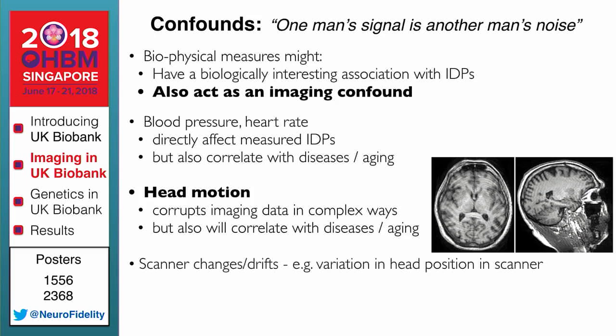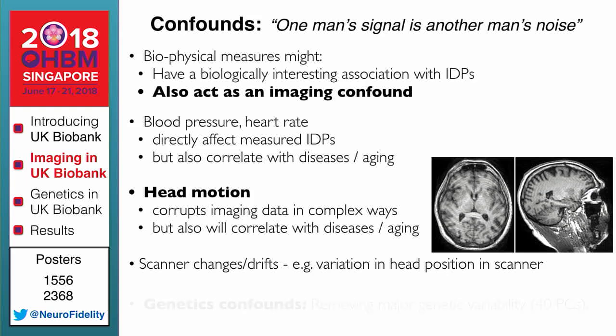A different type of confound are the changes in the scanner or the drift in the coils, the quality of the coils. One example of these kinds of changes is the head position in the scanner, which is an issue that has been taken into account when dealing with the confounds.